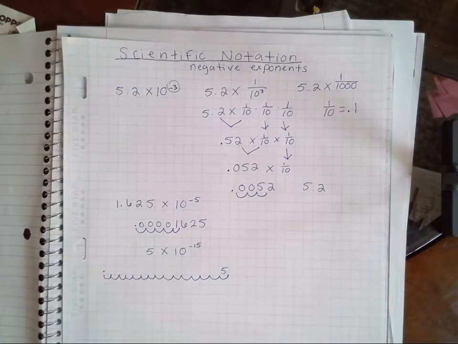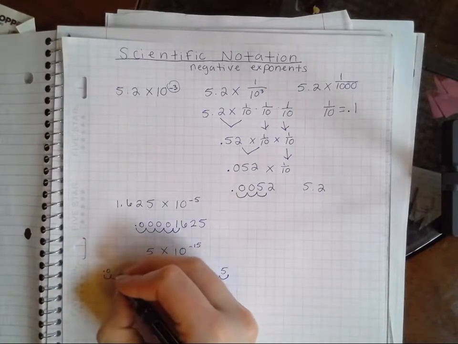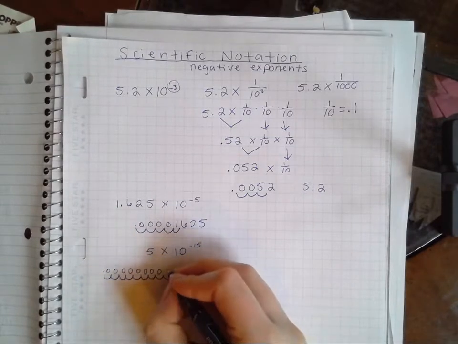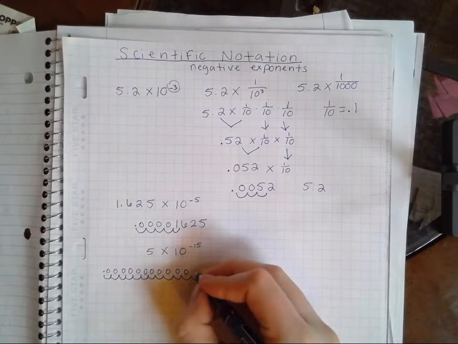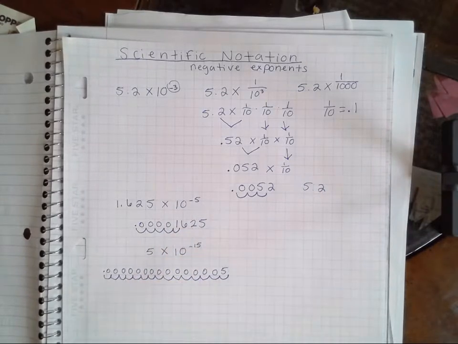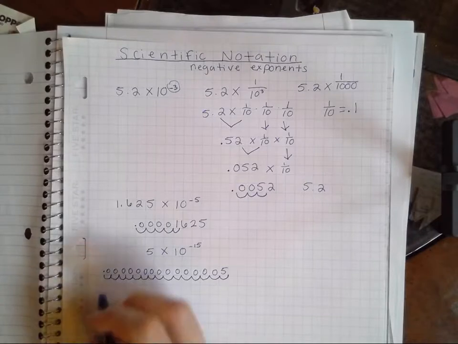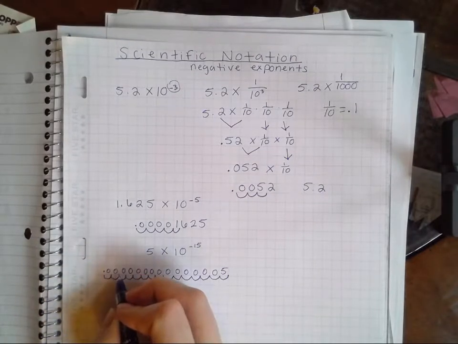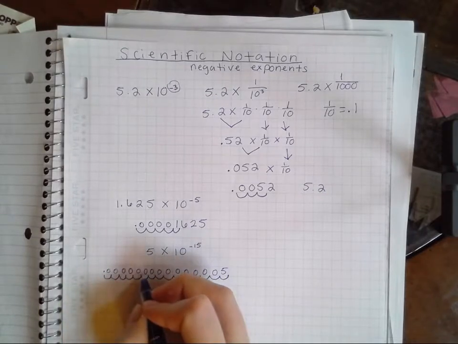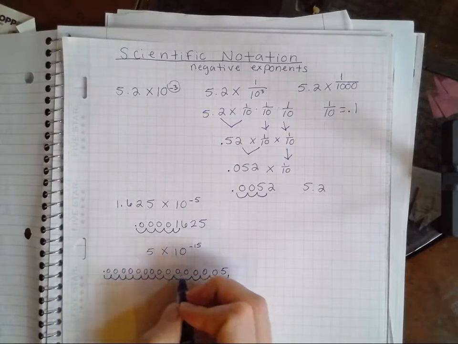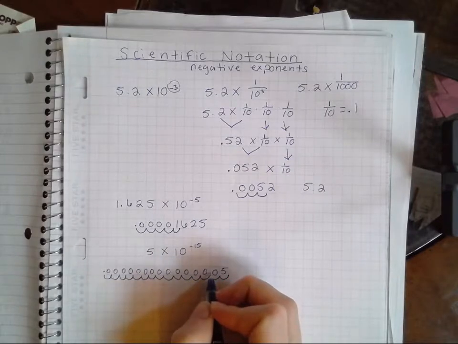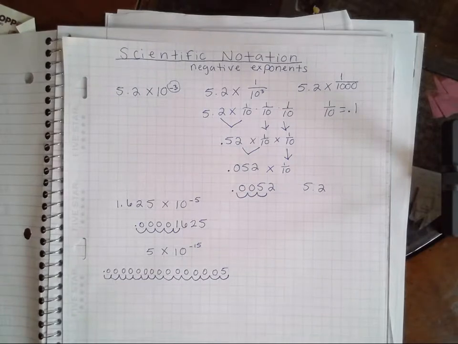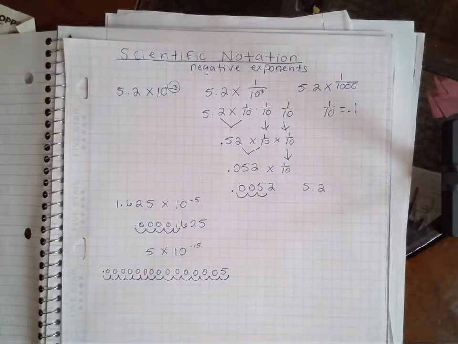Add your decimal there and put in all those zeros. When I do one with this many zeros, I like to double check that I wrote enough zeros after I'm done. So the decimal point is here, 1 through 15. That's where the decimal point started. So that is what 5 times 10 to the negative 15 would be.